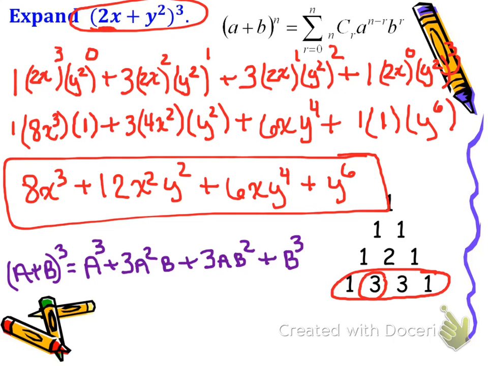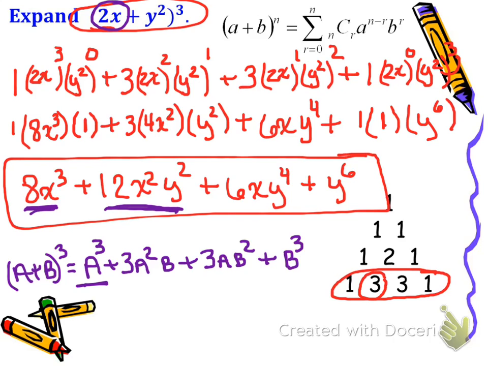Now let's compare that to what we got when we used the binomial theorem. With the binomial theorem, we ended up with 8x cubed. Look at our first term. Our first term was 2x. 2x cubed would give us this 8x cubed. Then look at our next term that we got with the binomial theorem. We had 12x squared y squared.